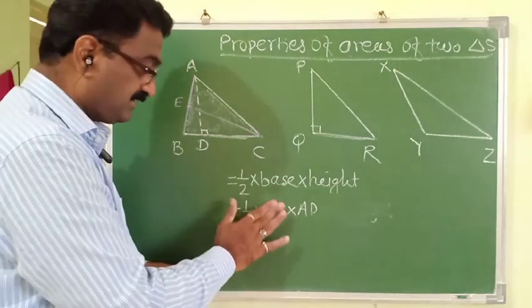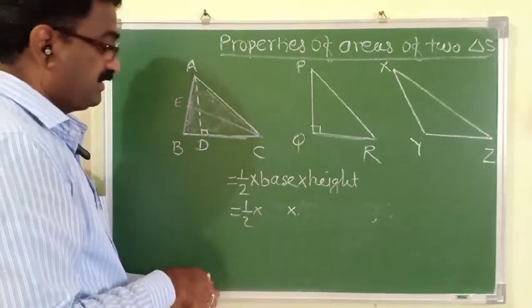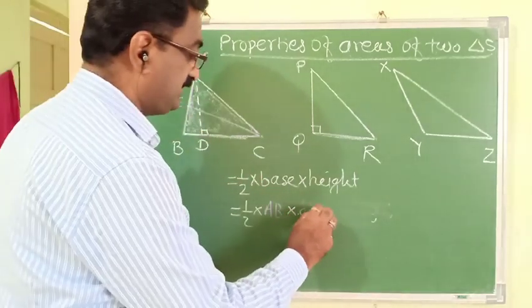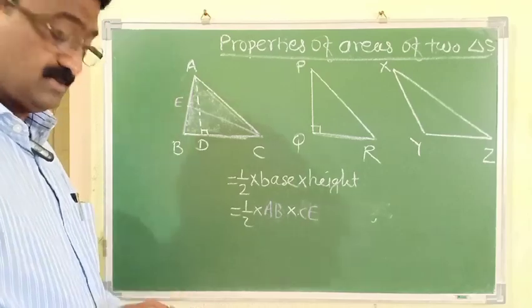If you take the base AB, then the corresponding height is CE according to that figure.